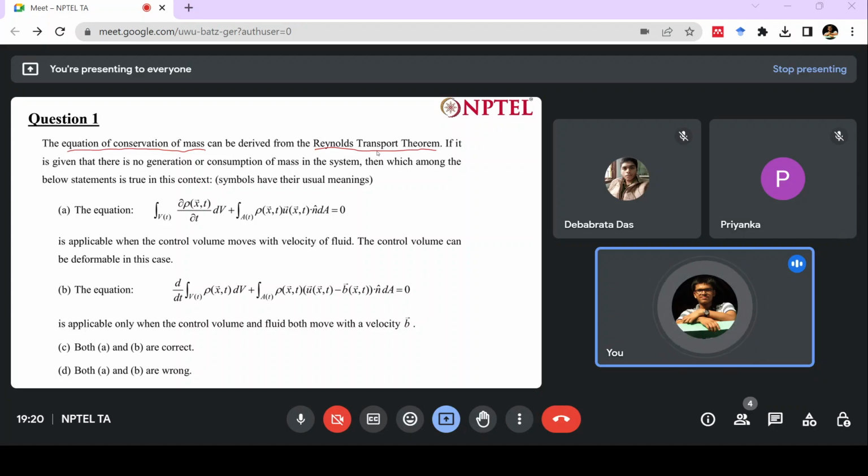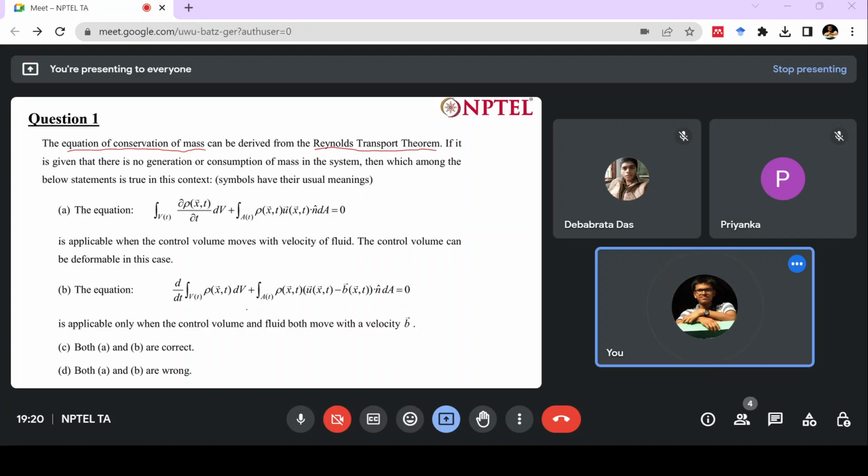When we are studying the dynamics of certain bodies, we have relations already established for control mass systems, and we want to study control volume systems, and the relation between those two is given by Reynolds transport theorem.